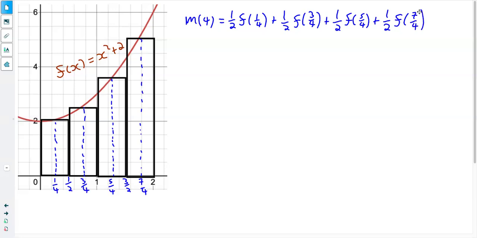Now, just like with the previous ones, we can factor the 1/2 out. So we've got 1/2 times F at 1/4 plus F at 3/4 plus F at 5/4 plus F at 7/4.